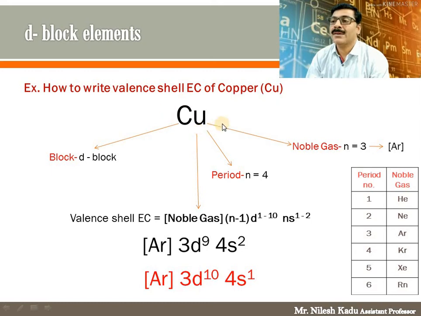Friends, for writing it, you have to know in which block copper is present, and it is present in the d block, that is the 3d transition series. Then you have to know the period number of copper, which is 4, because the 3d transition series starts from the 4th period, and from the period number you have to select the noble gas.